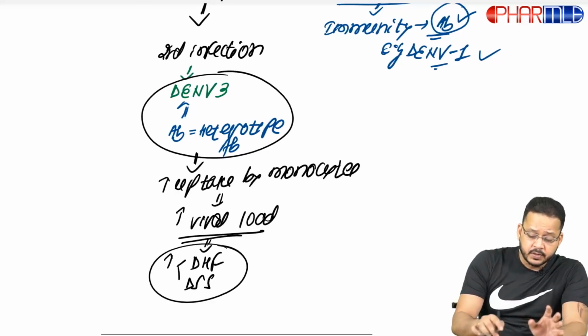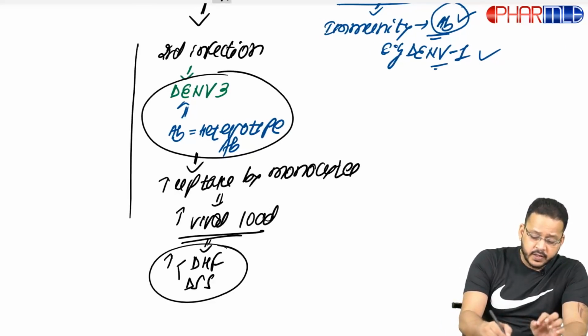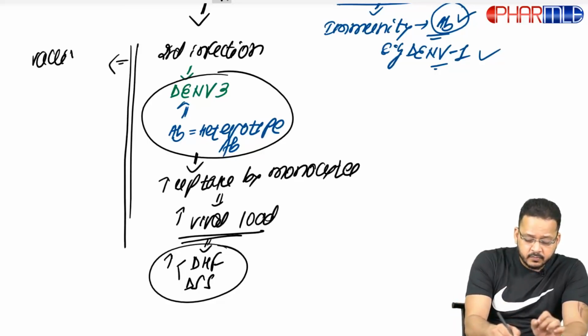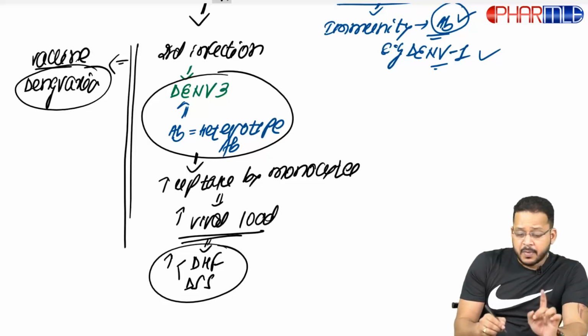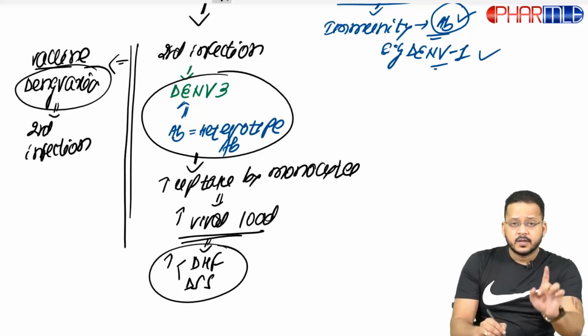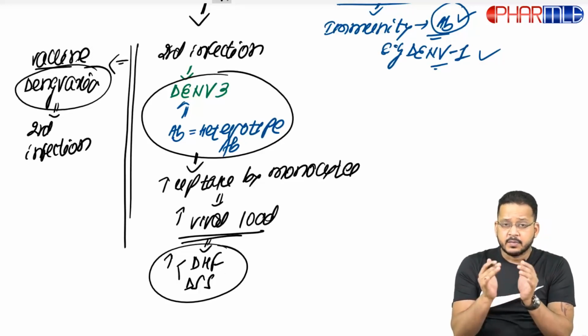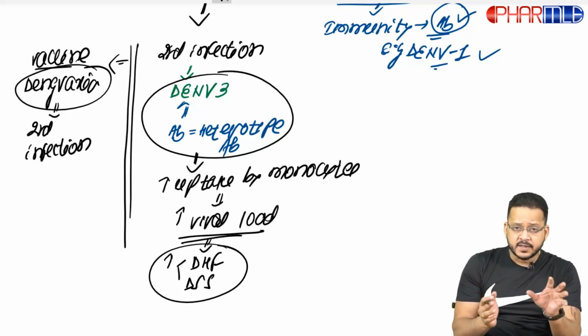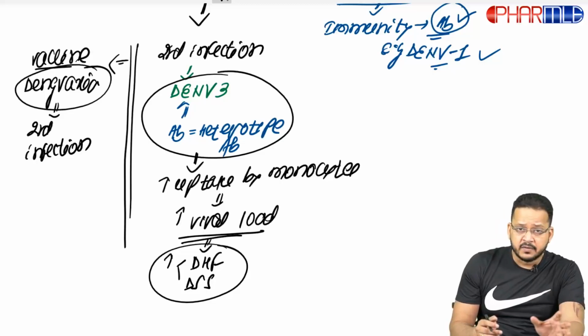So what are we doing to get rid of this? After the first infection, I give the patient the vaccine, Dengvaxia, and now my vaccine acts like the second infection. I'm replacing the second infection, which is supposed to be very severe, with the vaccine, which actually won't cause an infection.